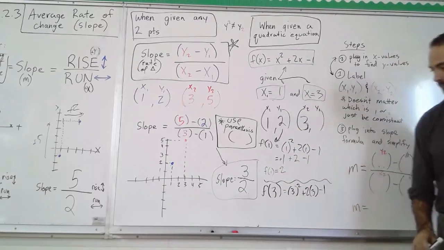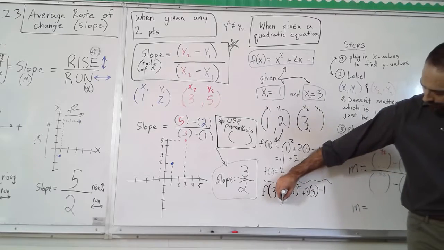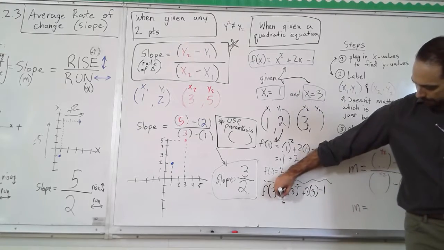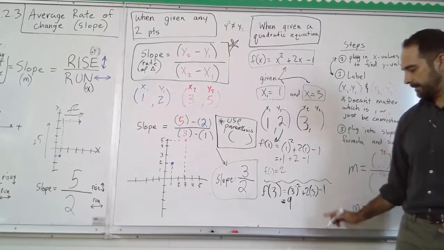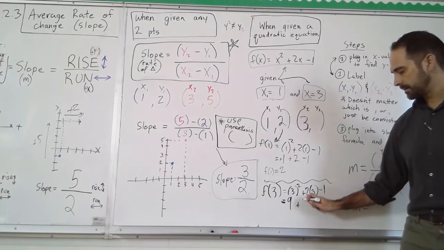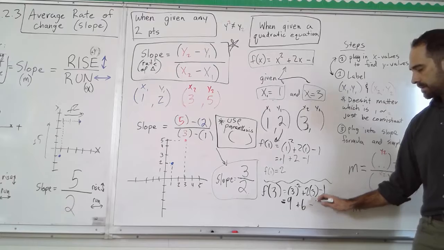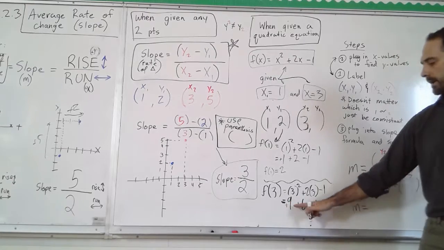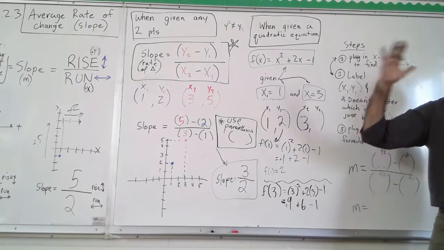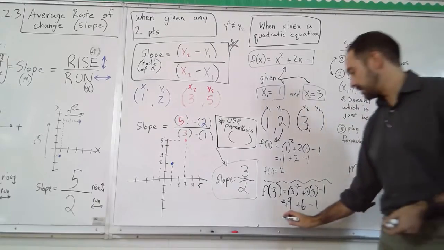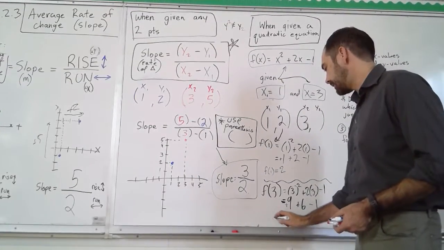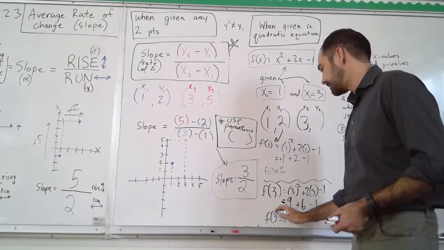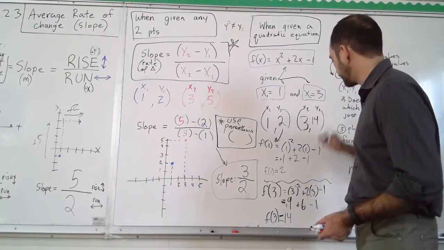We'll work this out in 2 quick lines here. 3 squared, 9. 2 times 3, 6. Minus 1. 9 plus 6, 15. Minus 1, 14. So I just figured out when x is 3, my y is 14, so I'm going to put the 14 right there.